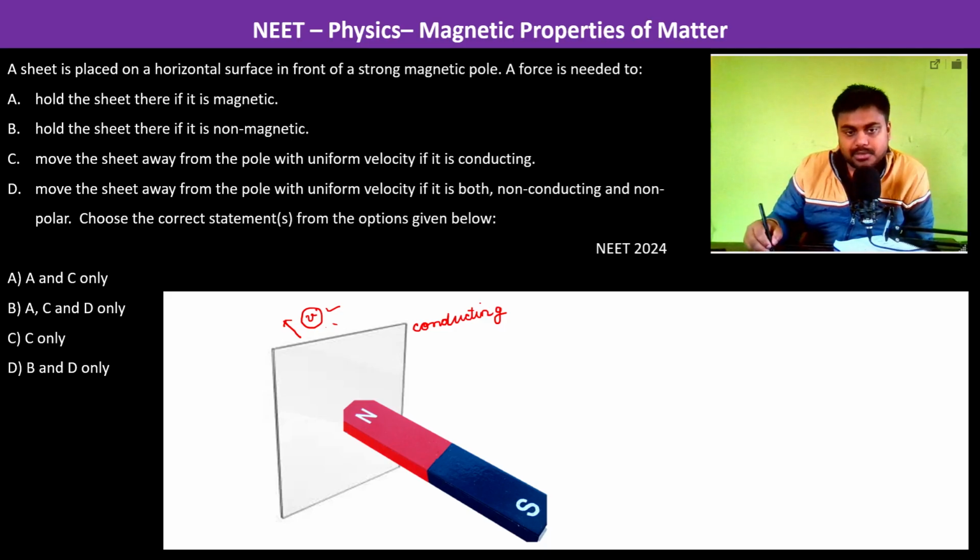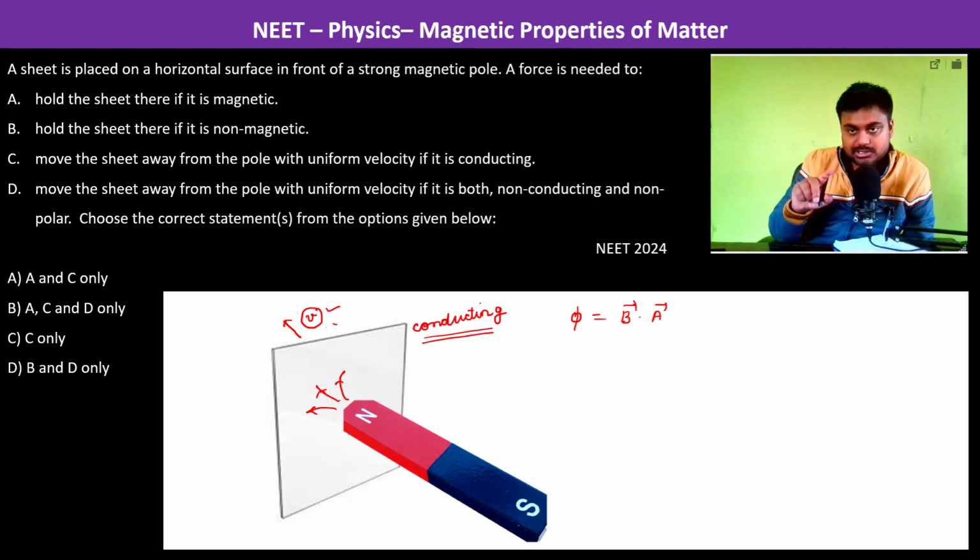Now if you see this magnetic field inside, which is due to the magnet, is producing magnetic flux, and since it is producing magnetic flux, we have this formula, phi is equal to B dot A.